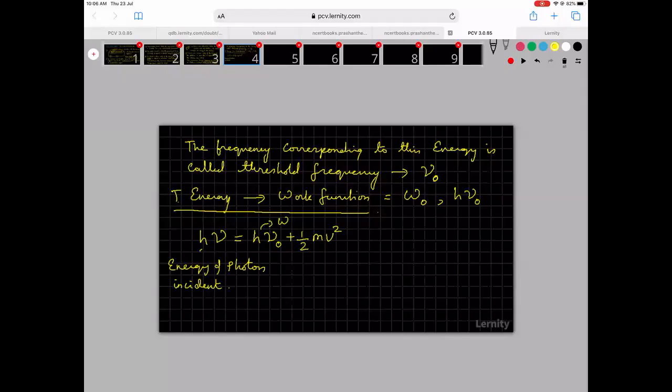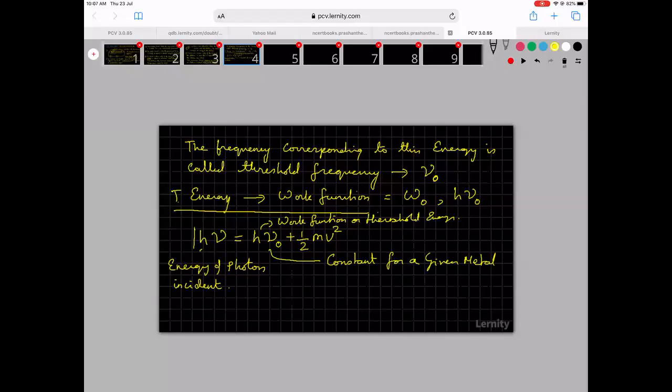This is the work function or threshold energy, the minimum energy required to remove an electron from the shell. Then the rest of the energy is going to become half mv squared. Now this is a constant for a given metal.